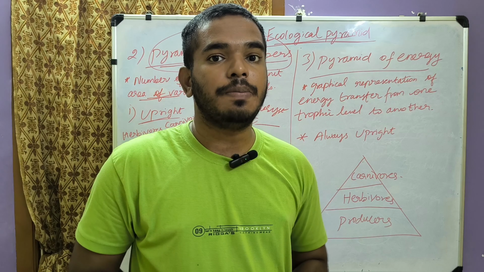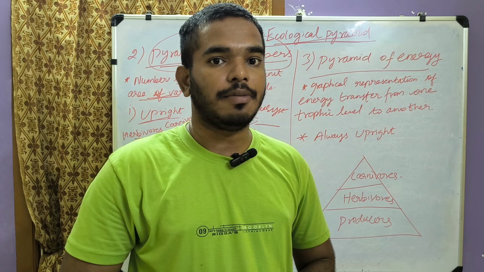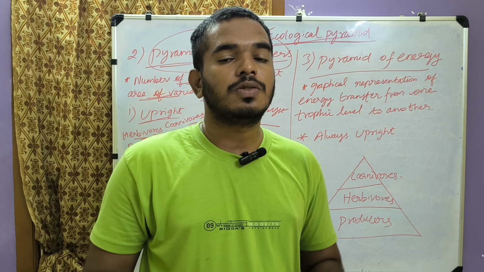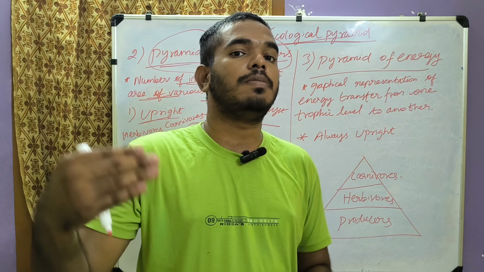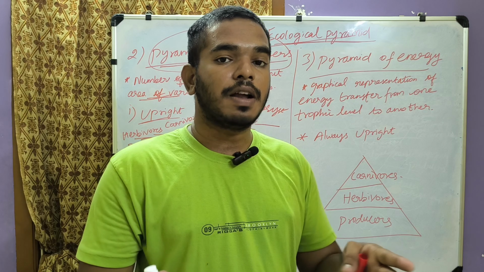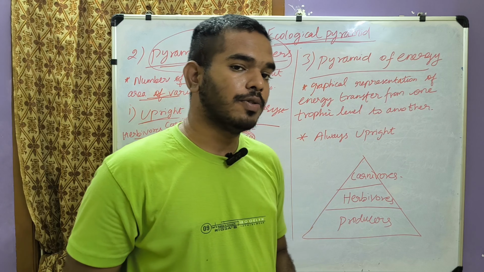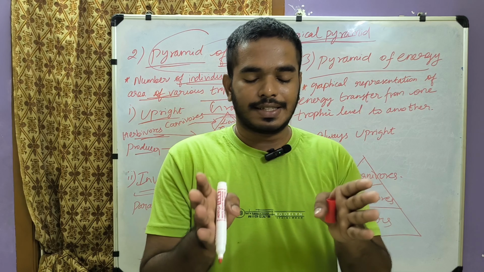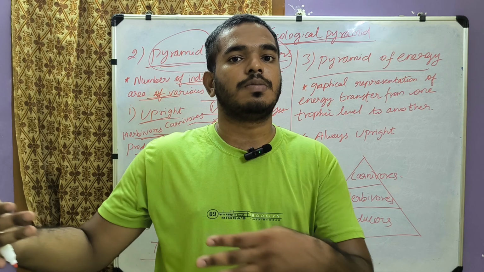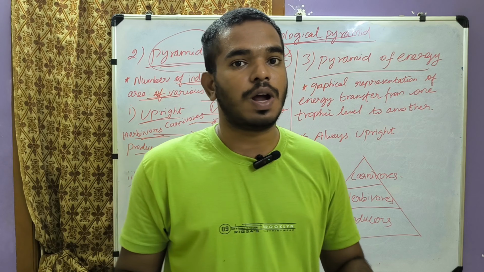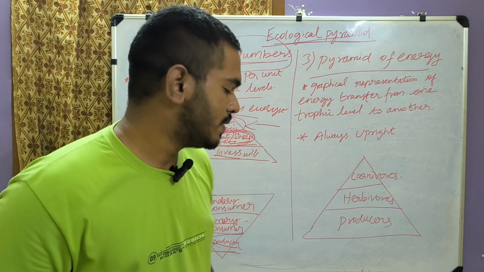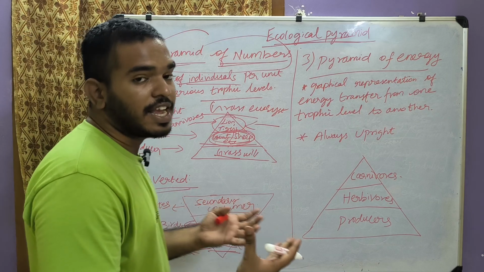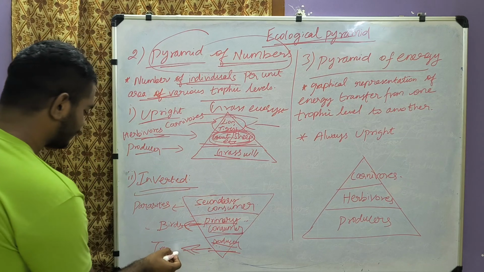Even 100 birds can live in a single tree. So the number of birds will be higher than the number of trees in a tree ecosystem. It changes from one tree ecosystem to another. It is not a fixed one, it may change also. I'm just saying it for an example.